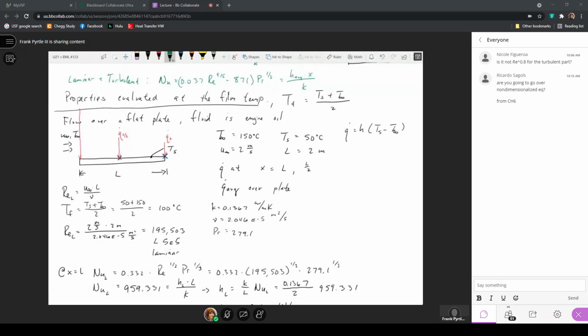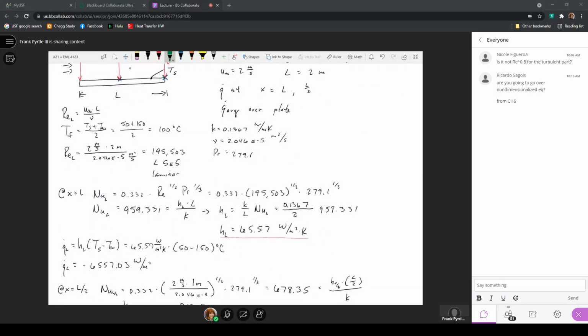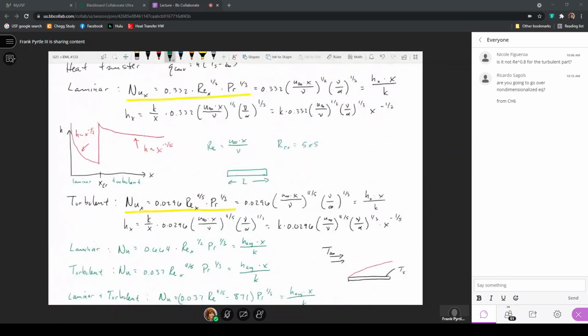That's just by the nature of the exponent on x. The local Nusselt number correlation is 0.332 Re to the 1/2 Pr to the 1/3, but the heat transfer coefficient variation for the laminar flow region is x to the minus 1/2.